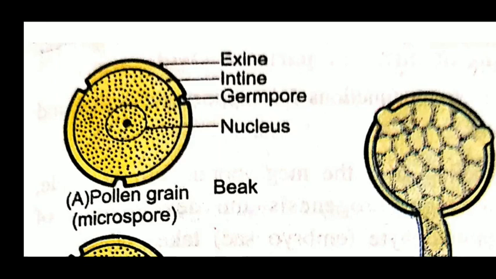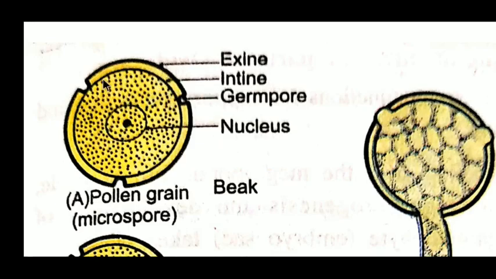In rainy season, when there is heavy rainfall, if this exine is not resistive, then it breaks easily and the nucleus gets outside. And if the nucleus is not present inside the cell, then there is no use of that particular pollen grain. That's why this exine should be resistant, and this resistive capacity is provided with the help of sporopollenin. This is all about exine.